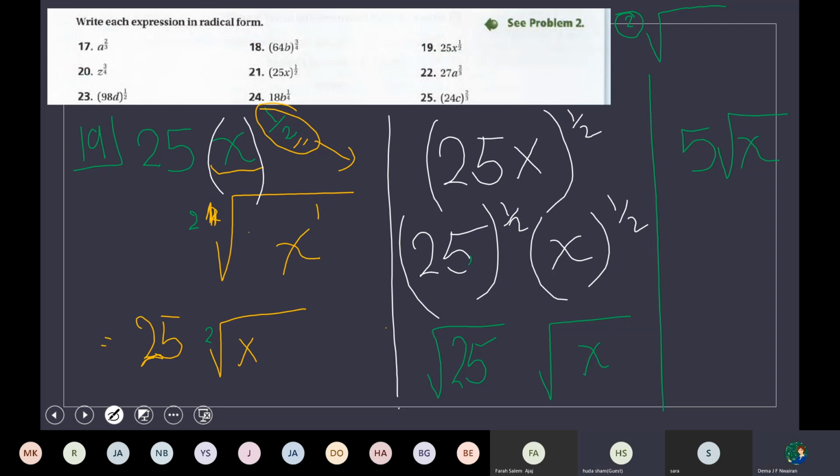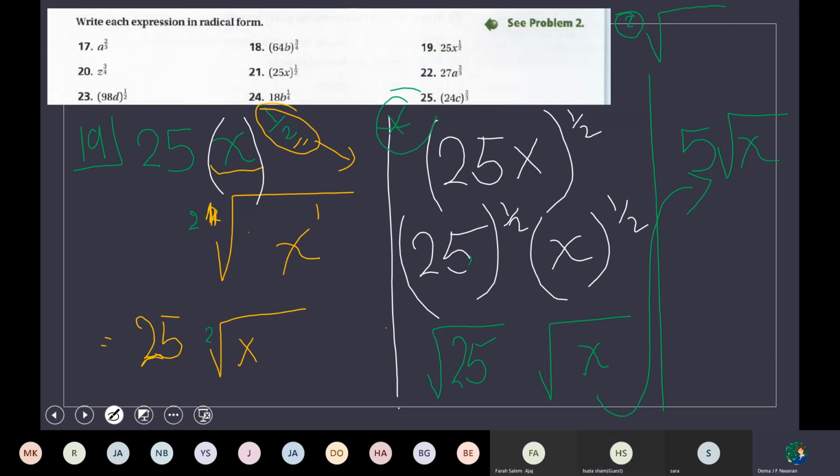Teacher, what is the 5 square root of x, the green one at the end of the page? This is another example, it's not related to the previous one.